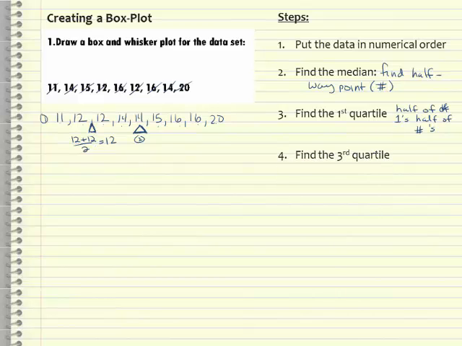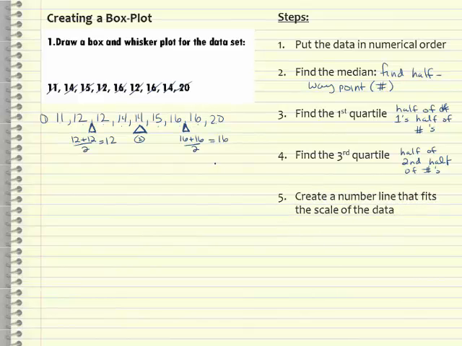Then I find the third quartile, which is half of the second half. And that will occur right here. And again, if it lands on a space, you add the 2 numbers and divide by 2. So now I've found all 3 quartiles, the first, the second, and the third.